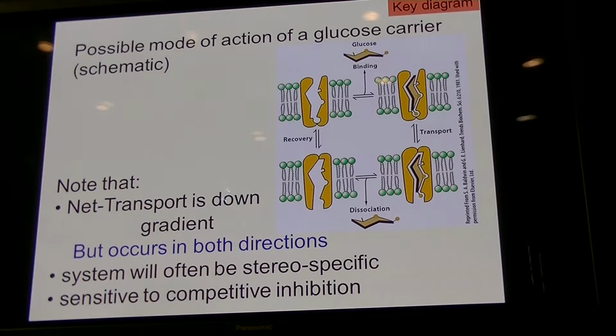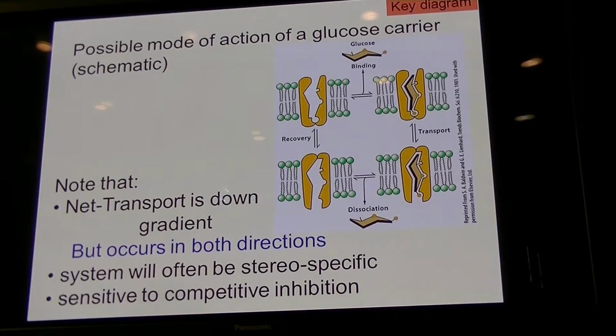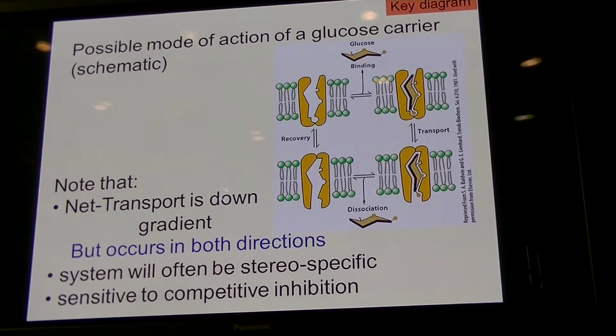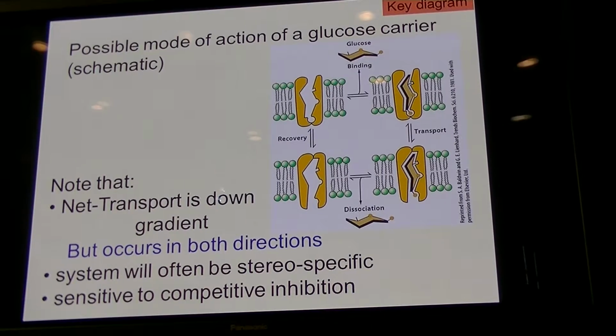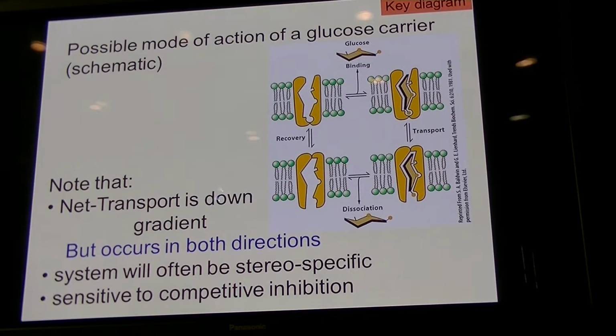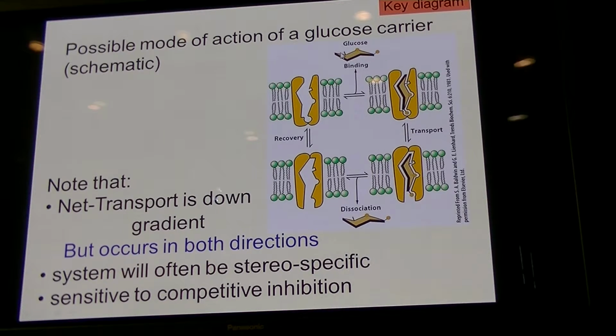So, for instance, a molecule like glucose cannot go through the membrane by diffusion because all of the hydroxyl groups on glucose want to be hydrogen bonded with the surrounding water. So water doesn't want to let go of that glucose.